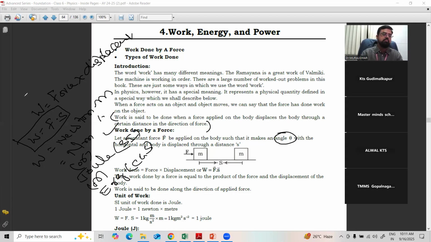Second point. Right. The second point, note it down: the work done is equal to force into displacement, or W is equal to F into S. So W is equal to Newton into meter, that is Nm, or joule, or erg.